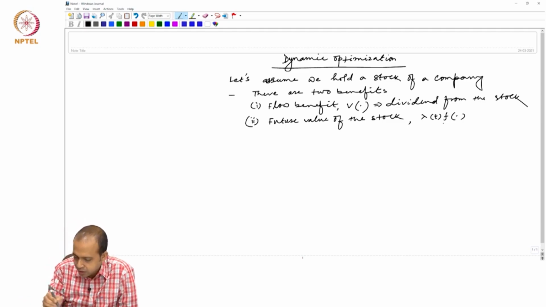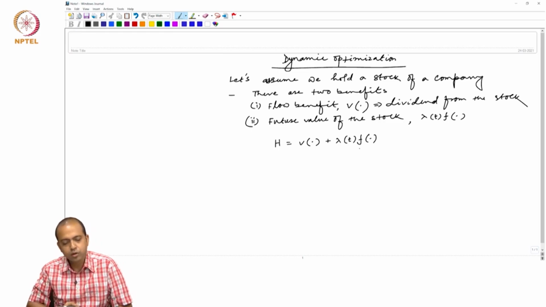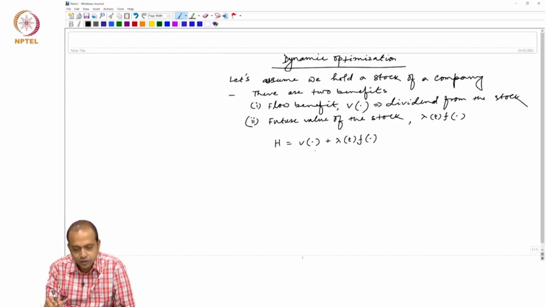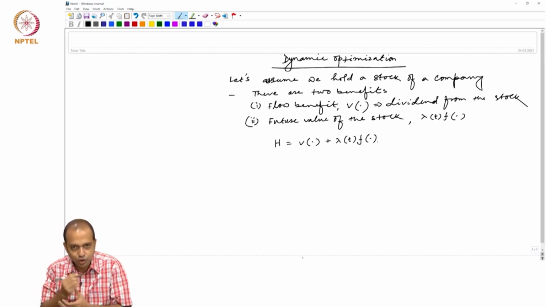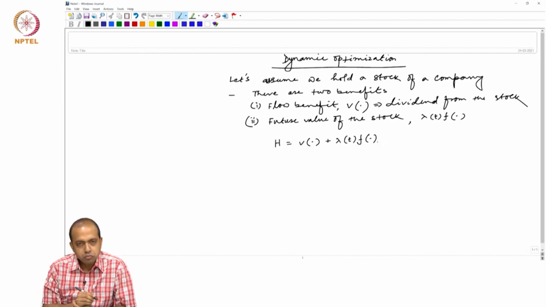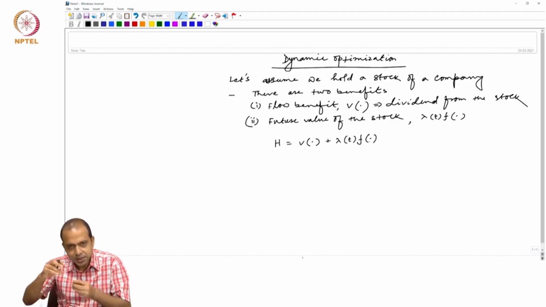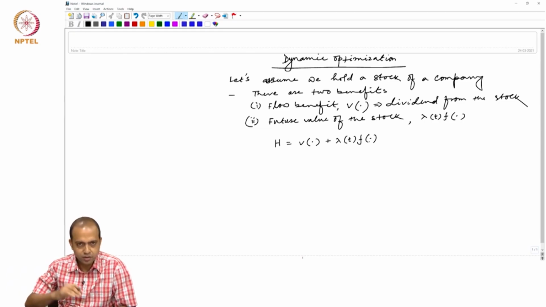And we defined one function, h equals v plus lambda t f dot. So, this is flow benefit and this is called future value of the stock, some kind of stock benefit. Now, the stock benefit is realized at one point of time, but this is a stream of benefits that would be realized over a period of time.